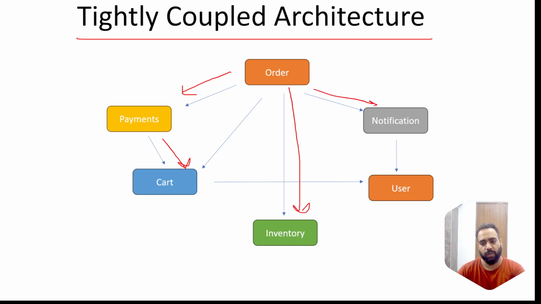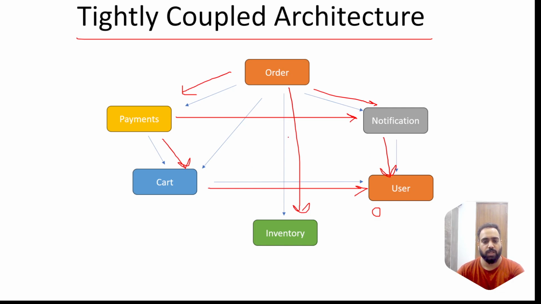Order will interact with notification to send the notification to the user. The cart microservice will also call the user microservice because once the order has been placed, the user cart should be at zero, right? And the payment microservice will also interact with the notification microservice to send the notification to the user that the order has been placed.